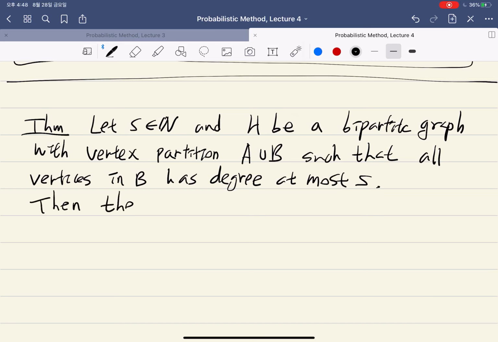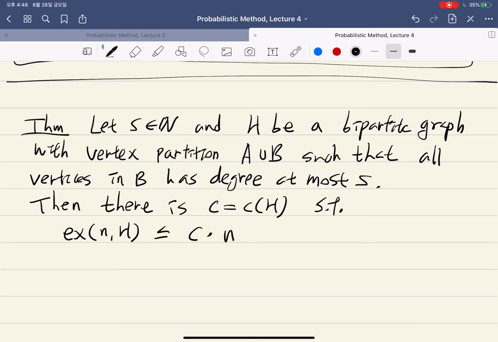Then there is a constant C which only depends on H, such that the extremal number of H is at most C times n to the 2 minus 1 over s.